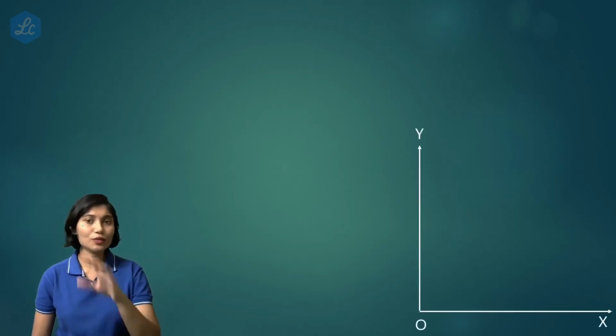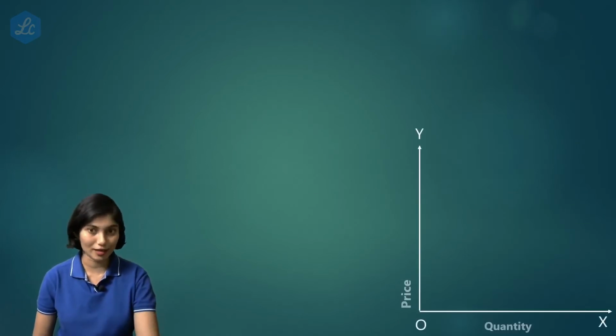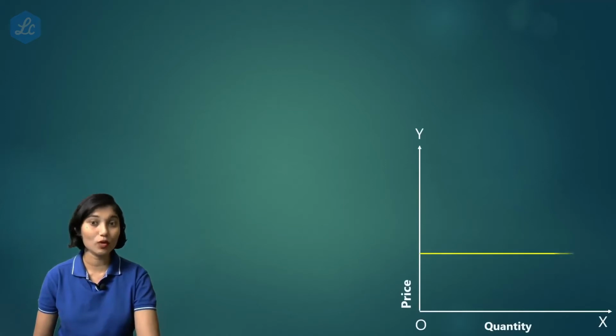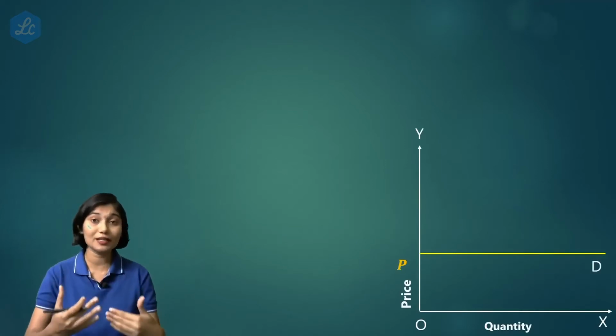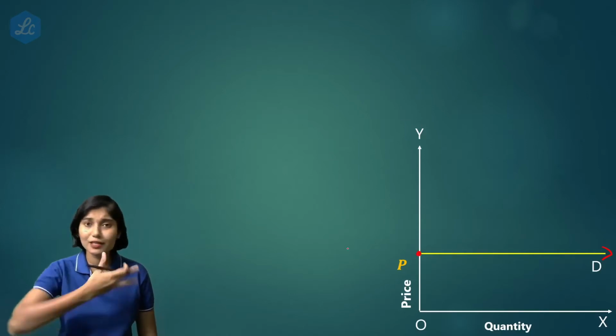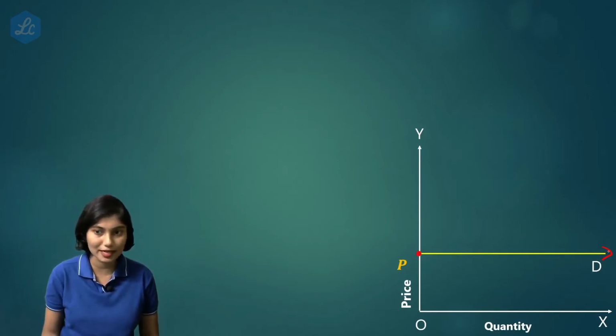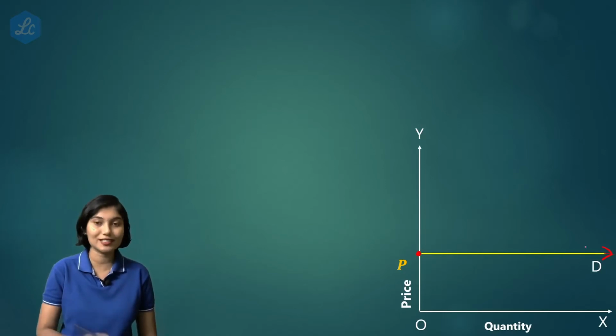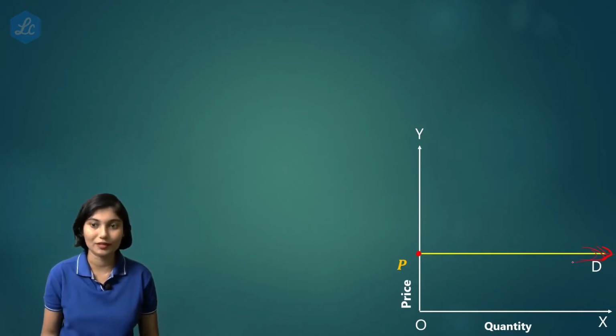Okay. How would you plot something like this on the graph? Now what is happening? Your quantity demand is infinite. So your quantity demand line has to be horizontal to your x-axis, which stands for quantity, right? The price is going to be at one particular point, and your quantity demand just doesn't end here, it goes on and on.